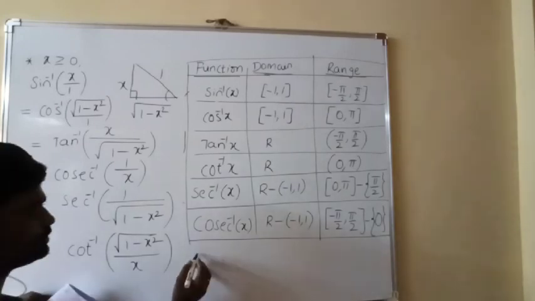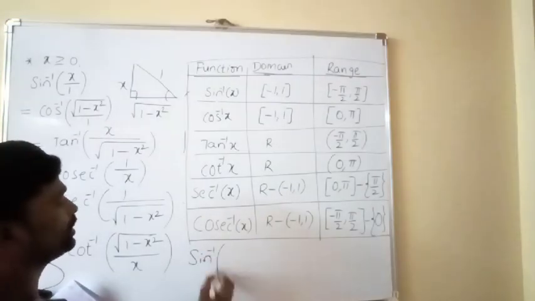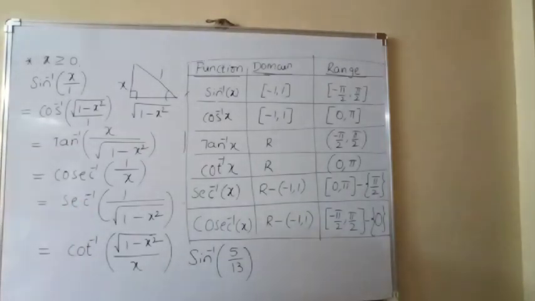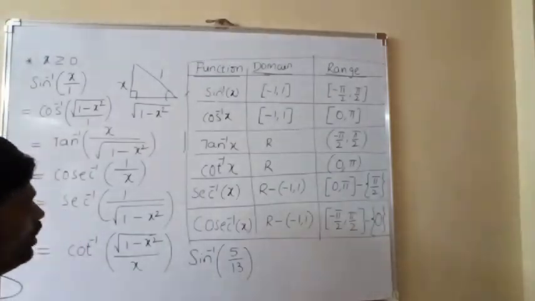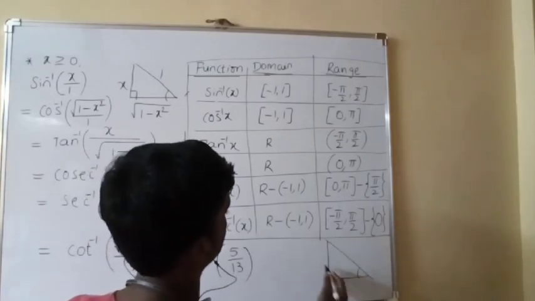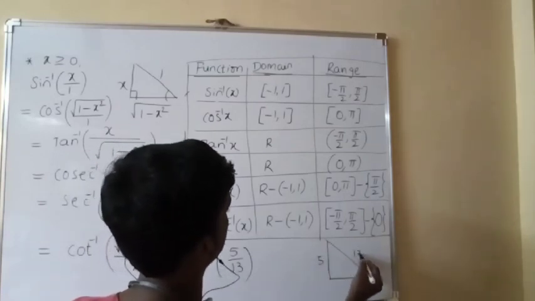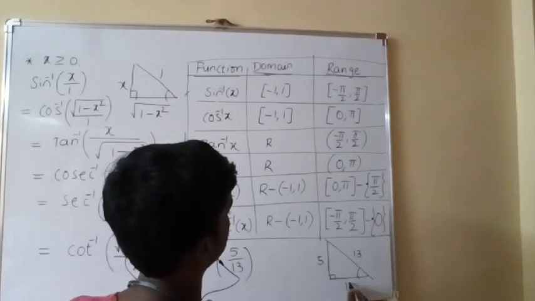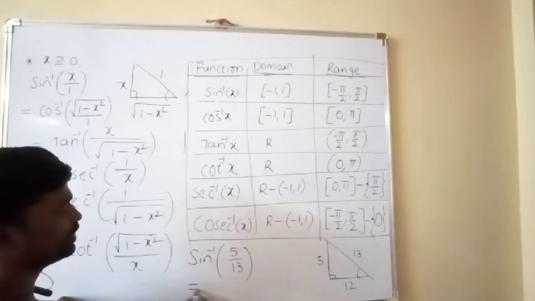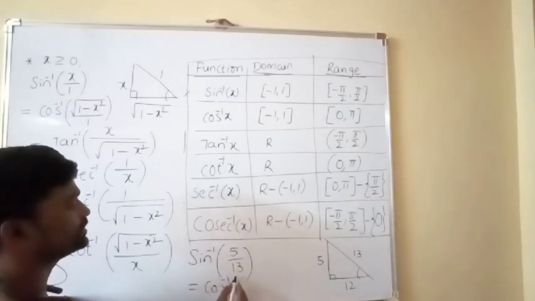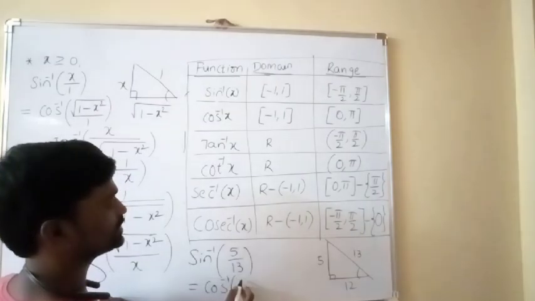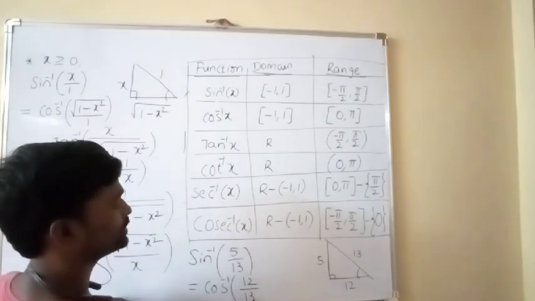For example, sine inverse of 5 by 13. That means the opposite is 5, hypotenuse 13. Obviously the adjacent side is 12. Now it is converted into cos inverse: cos inverse of adjacent side by hypotenuse, that is 12 by 13.